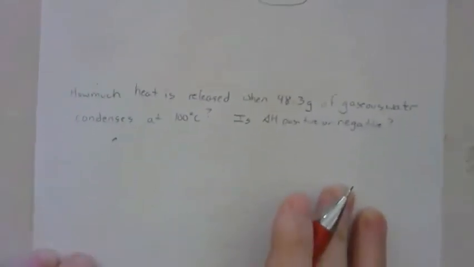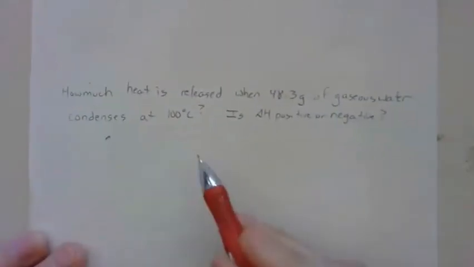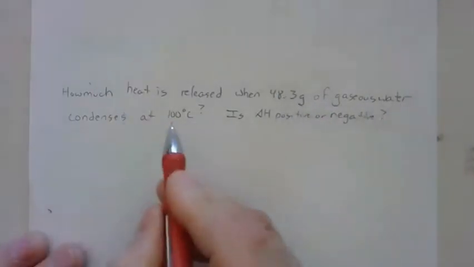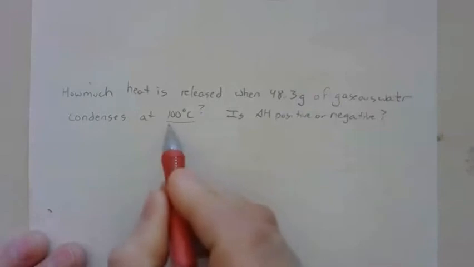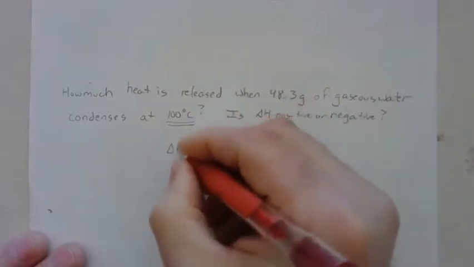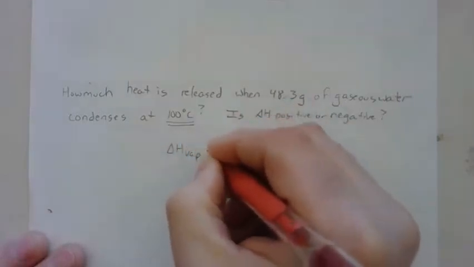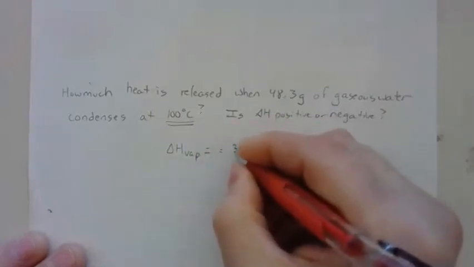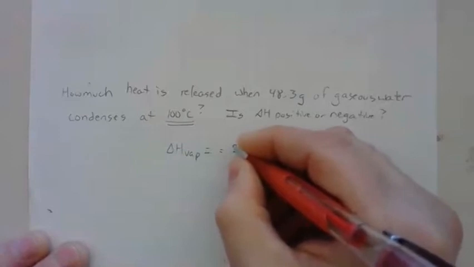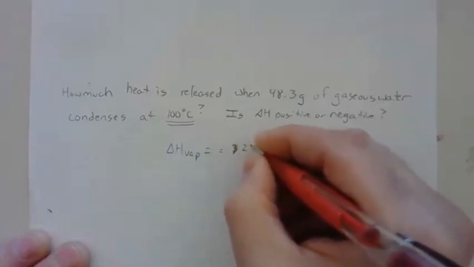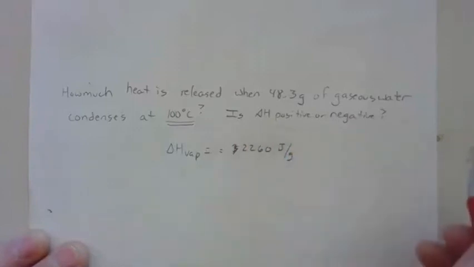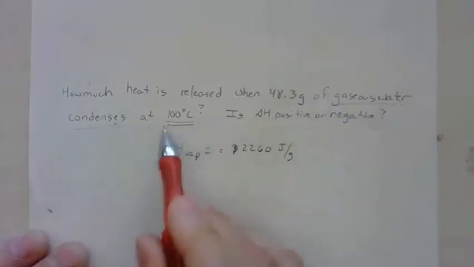Now, the second sample problem: how much heat is released when 48.3 grams of gaseous water condenses at 100 degrees? Well, since this is 100 degrees, that tells us that it needs to be delta H vap, which is 2,260 joules per gram. Again, it's dealing with gaseous water, and it's condensing at 100 degrees.